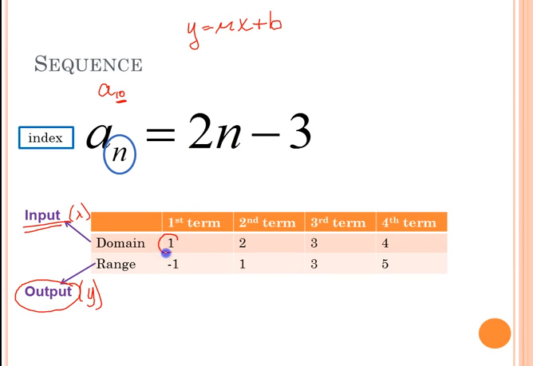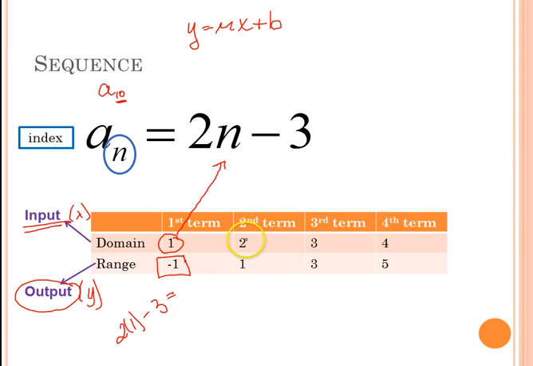So when I input 1, 2 times 1 minus 3, well, 2 times 1 is 2, minus 3 is -1. Okay, so domain and range are the same concept as what you've learned in the past. Domain is your term. It's what you're putting in. Term 1, range is what you're getting out. When I plug it in, I get an answer of -1.